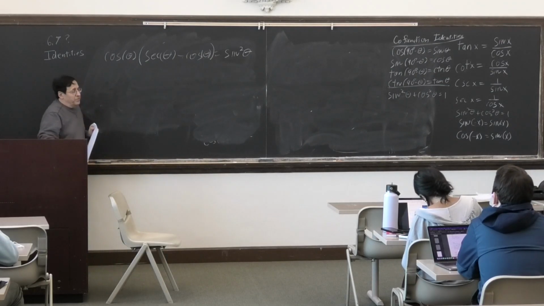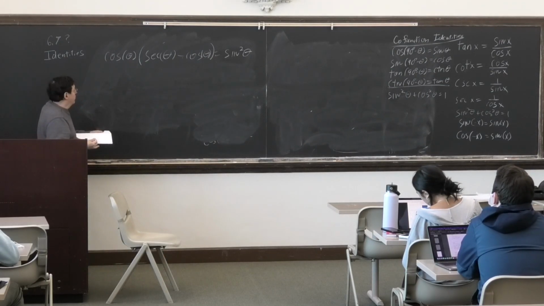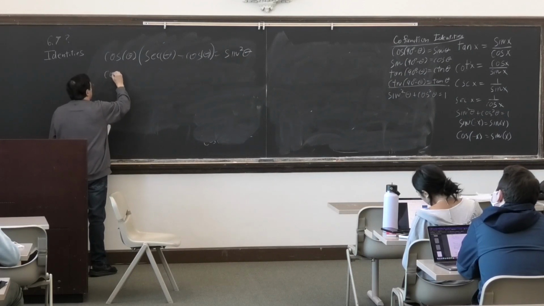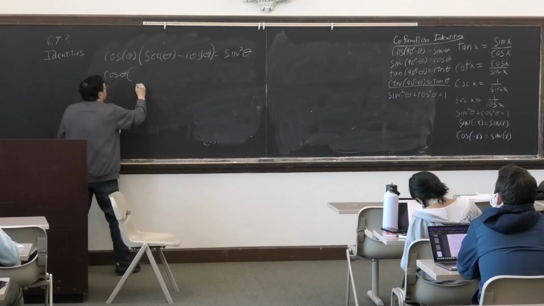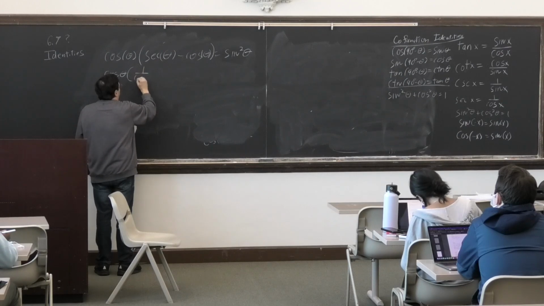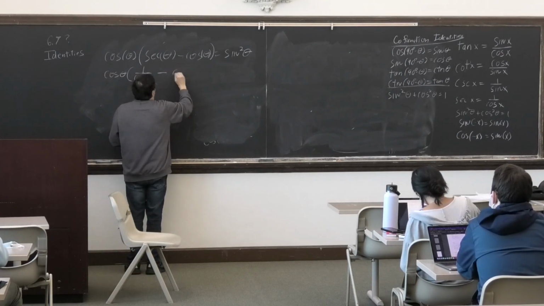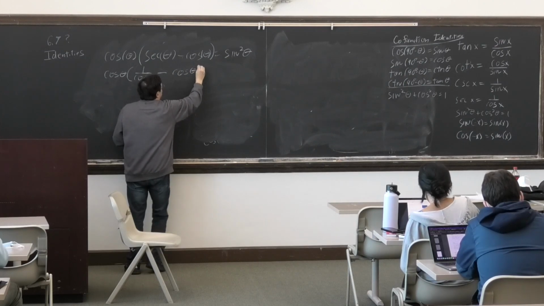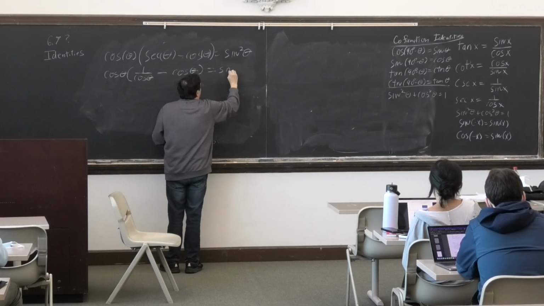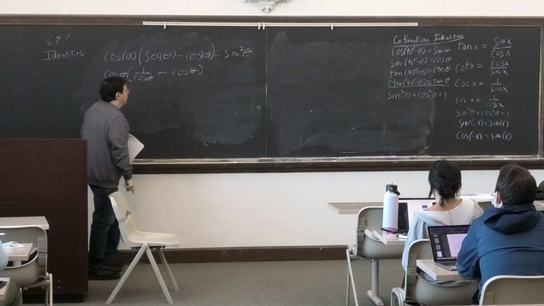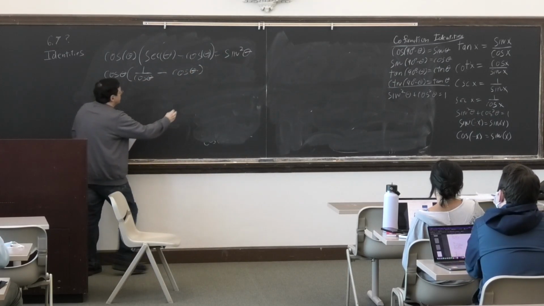Again, I'm going to use that strategy of switch everything to sines and cosines. That often makes things more apparent. Secant theta is 1 over cosine theta minus cosine theta equals, well, we're just going to leave that off. We're going to follow this down.